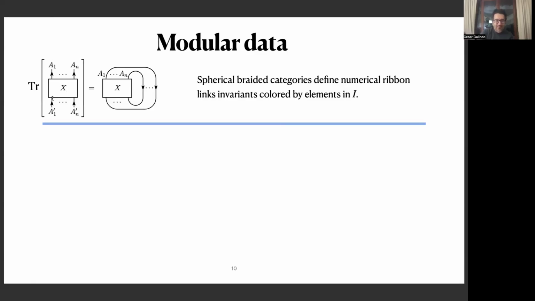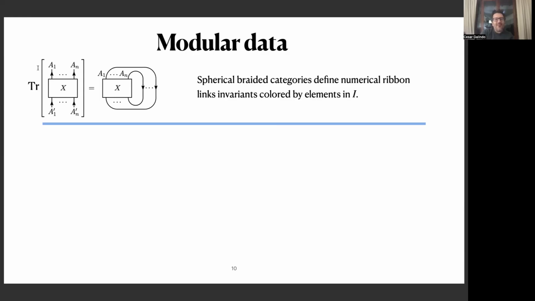given any morphism here, this is a typical notation that is used, and this represents a morphism in the category that goes from the tensor product of A1 to AN, to some map A1' to AN'. So this is just a morphism.